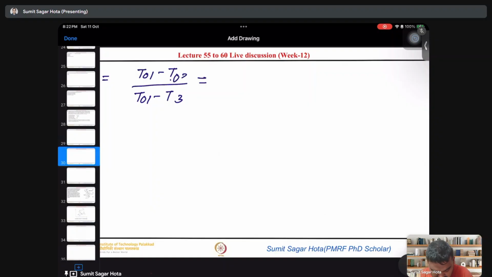T naught 3. Okay, so this is 124.2 divided by 159.1. Okay, you will take the ratio, you will get 0.781. Okay, this is the answer.